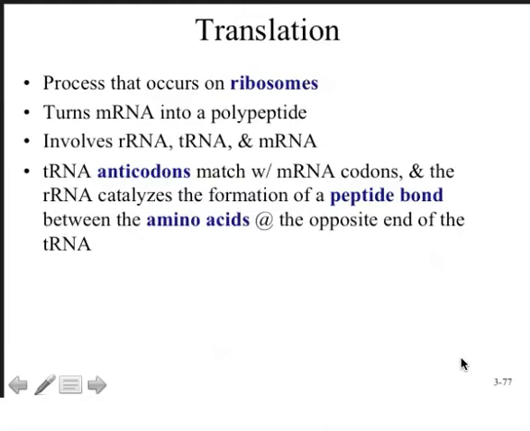So the transfer RNA anticodons will match with the messenger RNA codons. The ribosomal RNA catalyzes the formation of a peptide bond between the amino acids. Remember that those occur between the carboxylic acid group of one amino acid and the amino group of the amino acid that follows it. So it's a very particular type of covalent bond.